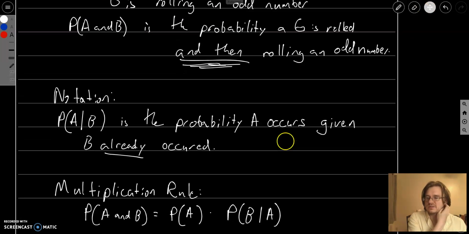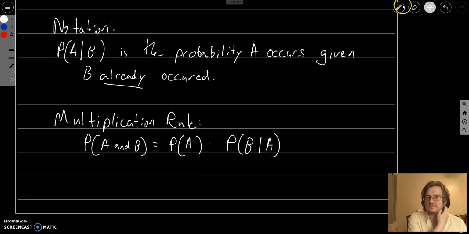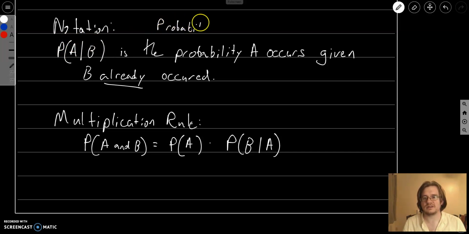So some more notation. We have the probability of A given B. That's how we would read this out loud.